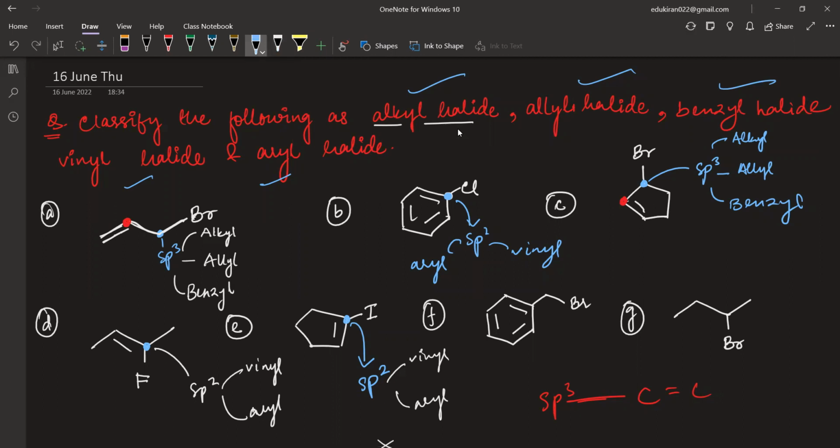F1. First of all, identify whether this carbon is sp2 or sp3. Okay. Yes, Salman, correct. Matthew, correct for the F1. Hania, tell me. sp2 or sp3? Confused? Not sure? Sir, I think it's vinyl too. Sorry? No, it's aryl.